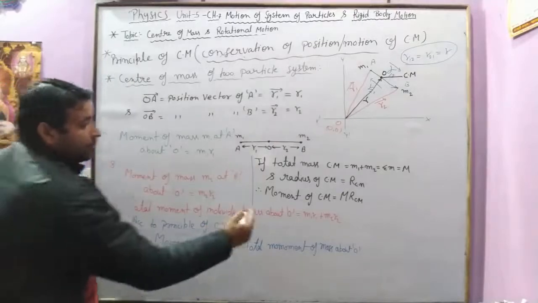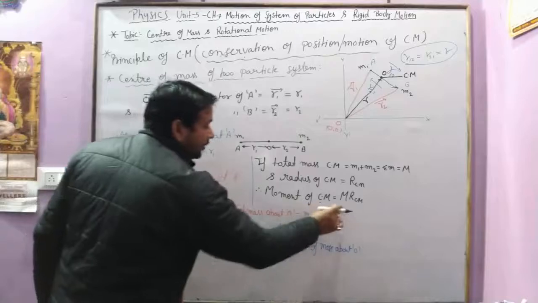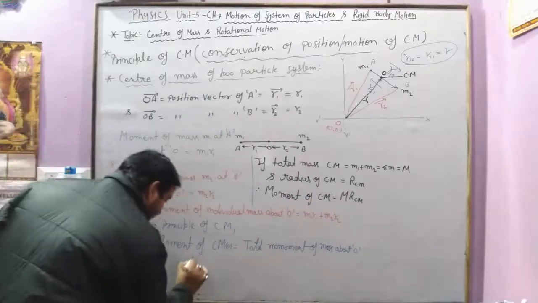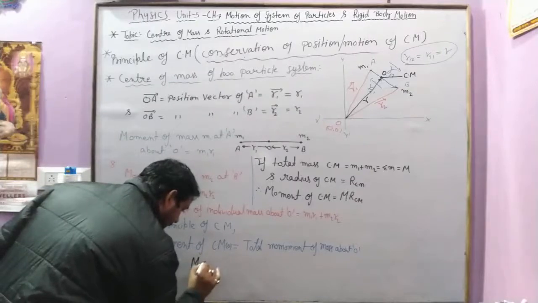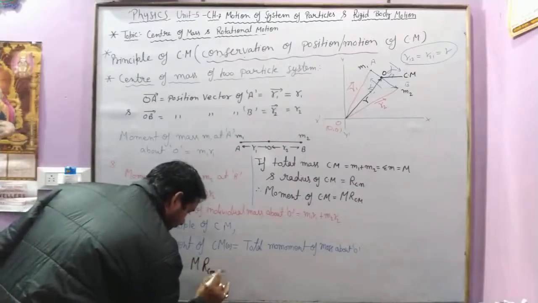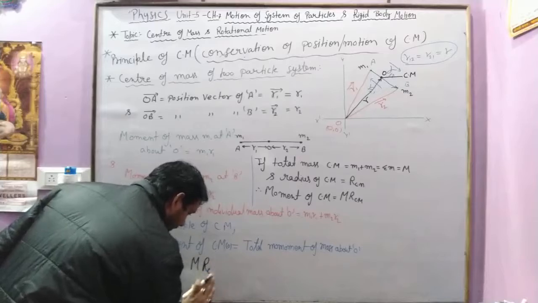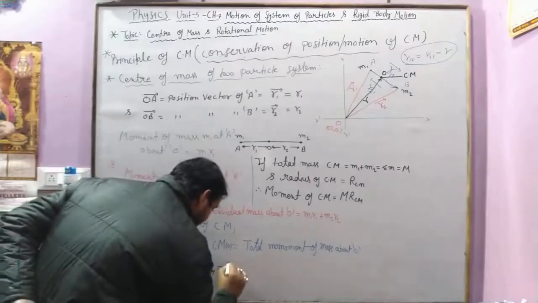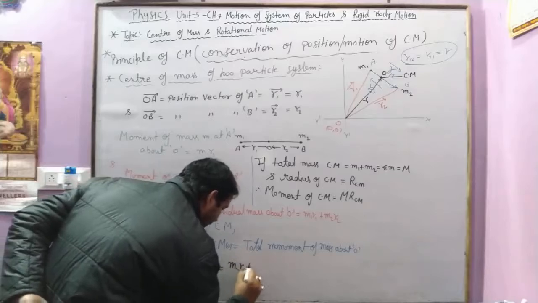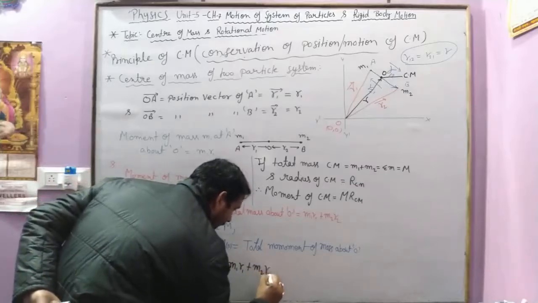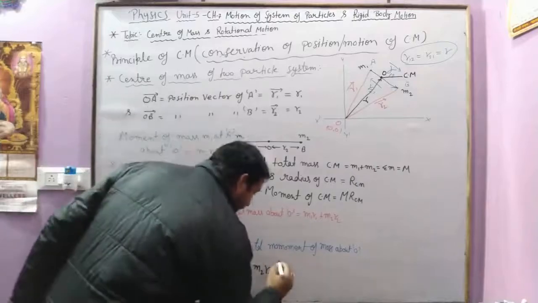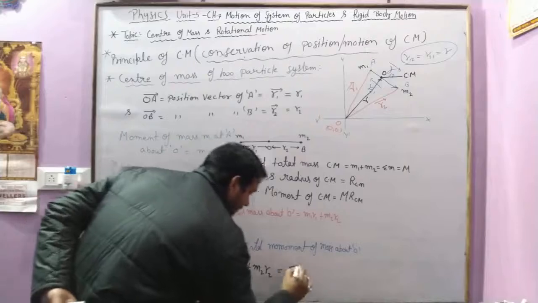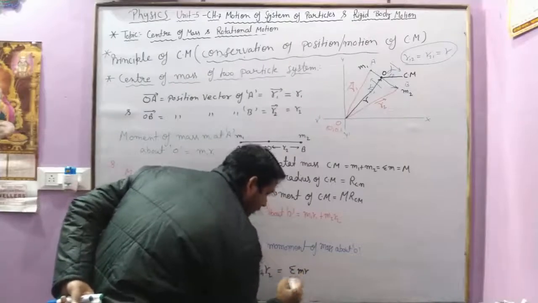By putting the two values, the moment of center of mass and the total moment about O, M RCM is equal to m1 r1 plus m2 r2, which is equal to the summation of moments of masses.